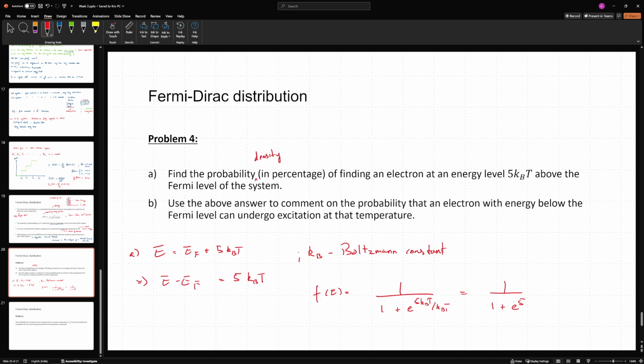So this is going to be something like 1 by 244, and this will come out to be something like 0.066.